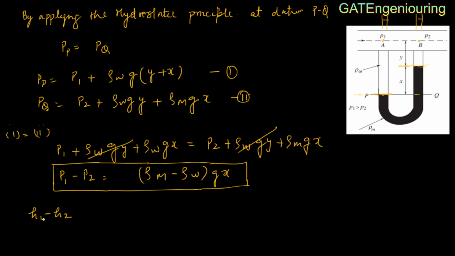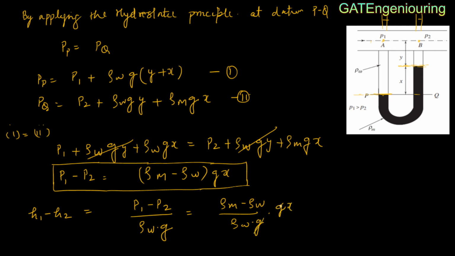Okay, so the difference h1 minus h2 is equal to (P1 minus P2) upon rho W into g. And P1 minus P2 from this equation is equal to this, so we can replace it with (rho M minus rho W) upon rho W into g, into g x.